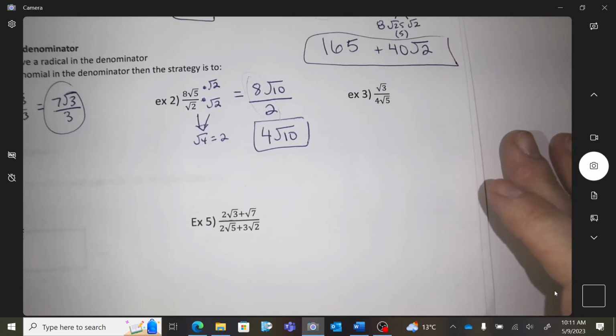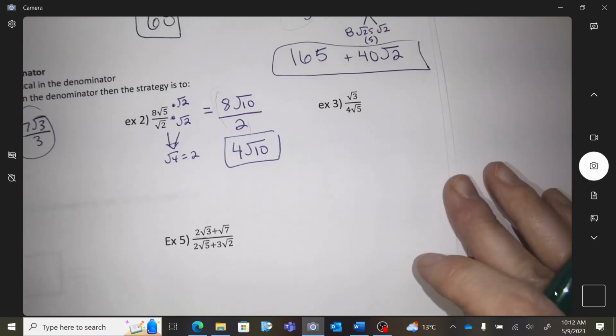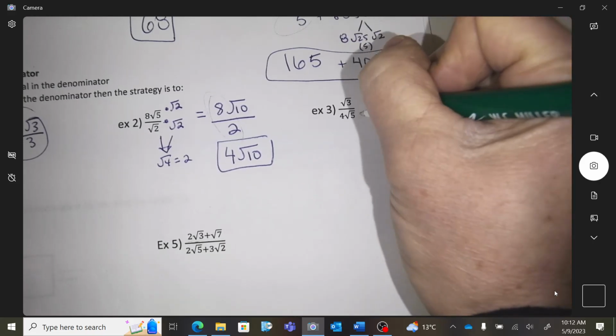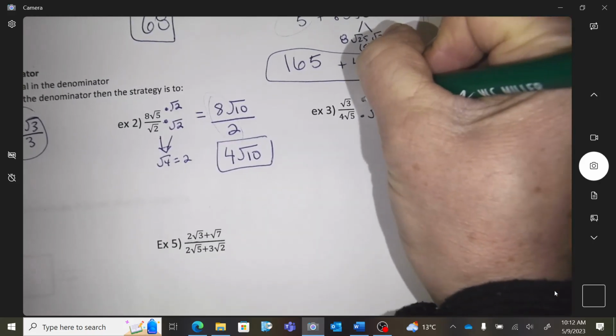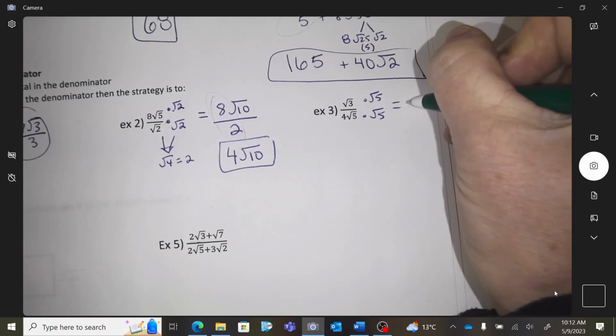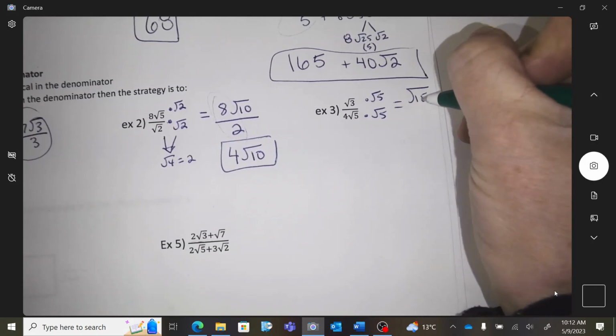Okay, the last, I'm going to call it single one. This is the last single one. Okay, so what's the thing I don't like? I don't like a root 5. So I'm going to times by a root 5. What you do to the top, you do to the bottom. Okay, so the top is root 15.